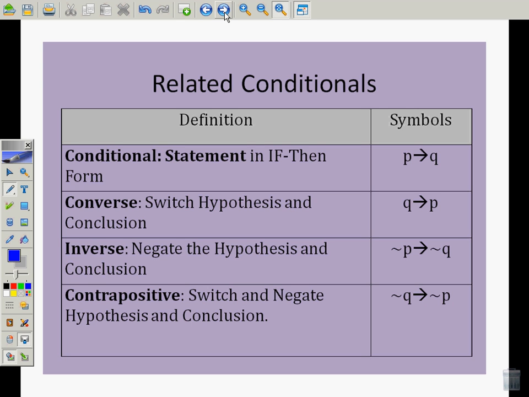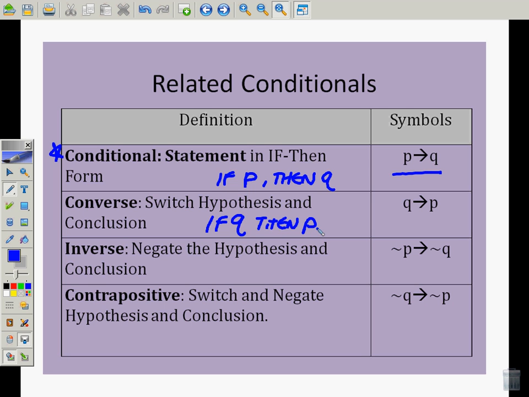Remember, we write it P arrow Q. It means if P, then Q. If we talk about the converse, though, not the shoes, the converse, we switch the hypothesis and the conclusion. So it's going to go if Q, then P. You might want to copy this chart down first before we start, so you might want to pause and then get the commentary later.